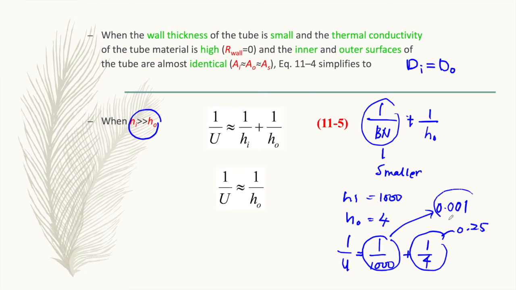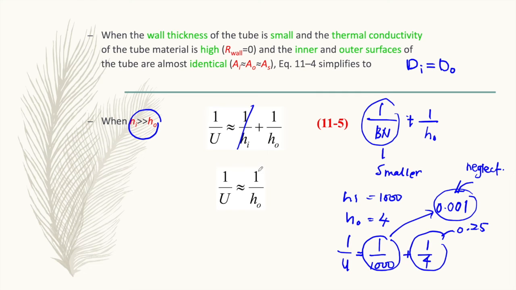So this value is too small. Therefore, we can neglect this. We are neglecting the terms 1 over HI. So we neglect these terms and then this equation will become 1 over U equal to 1 over HO.